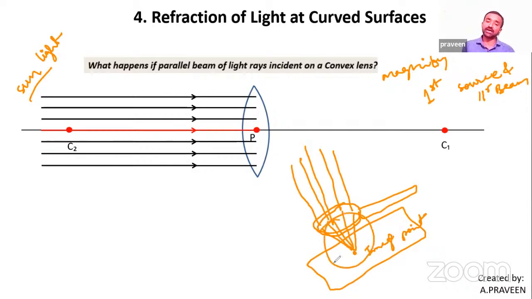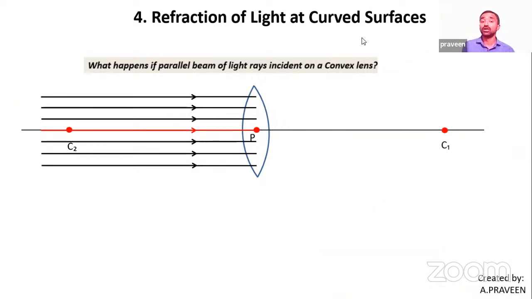So according to this observation, here I am drawing the light rays after refraction through the double convex lens. Here all the light rays are going to meet each other. Already we learned that if a light ray travels along the principal axis, it is incident normally, so it remains undeviated.